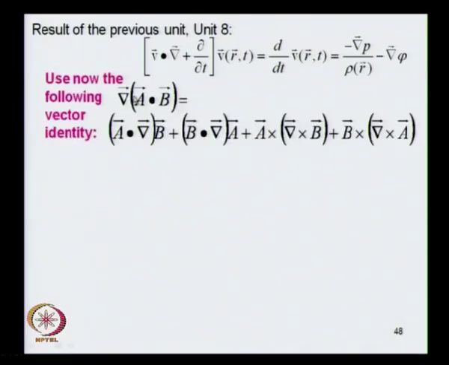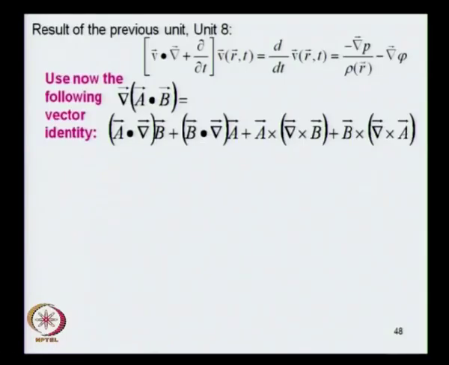along with another vector identity which I will not prove. But if you determine this quantity in any coordinate system, you will find that the result follows, and you already know how to take the gradient in Cartesian coordinate system, you can do it in spherical polar coordinate system, you can do it in cylindrical polar coordinate system, it does not matter.